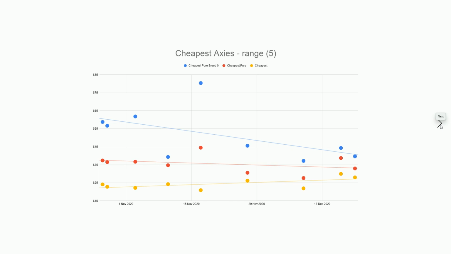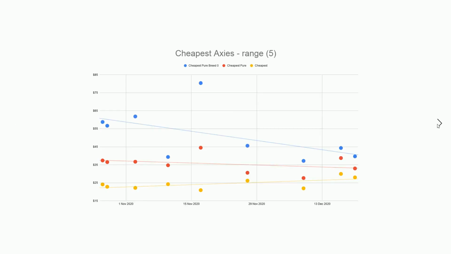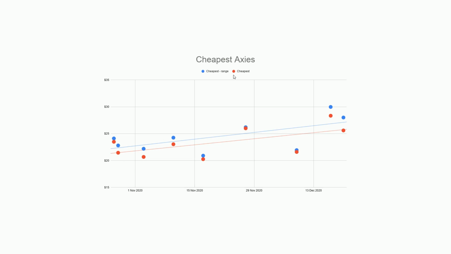Got a bit more data. What I've done here is look at the yellow option from the previous graph, the very cheapest Axies. In red we have the very cheapest one, and in blue we have the average of the cheapest 5. It gives us an idea: is one very cheap and the rest more expensive?